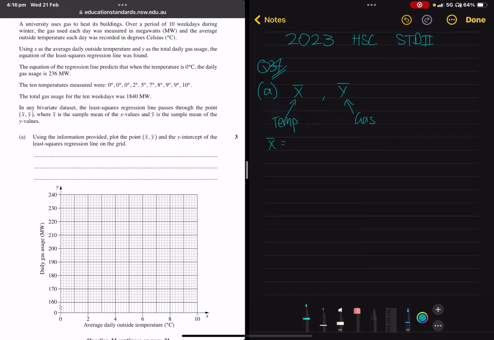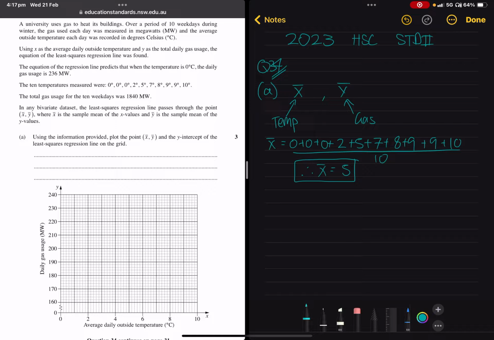X bar is going to be 0 plus 0 plus 0 plus 2 plus 5 plus 7 plus 8 plus 9 plus 9 plus 10, divided by 10. So this will tell us x bar: 2 plus 5 is 7, plus 7 is 14, plus 8 is 22, plus 2 lots of 9 is 40, so that's 50 on 10, that's 5.